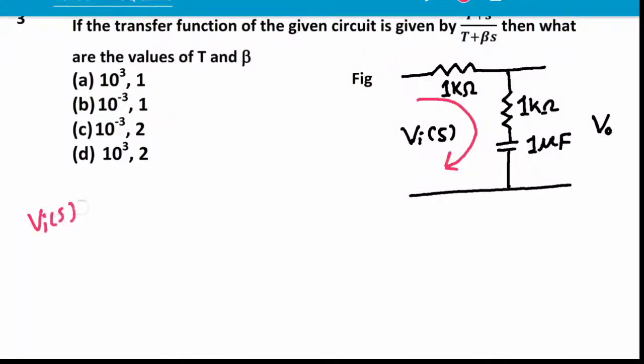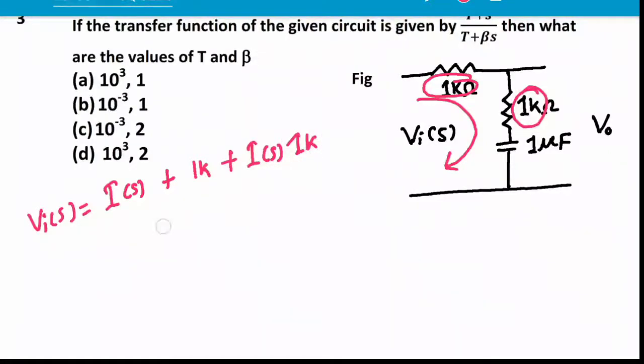V_in is equal to I_s times 1K, that is this one, plus I_s into 1K, this one, plus 1 by Cs.